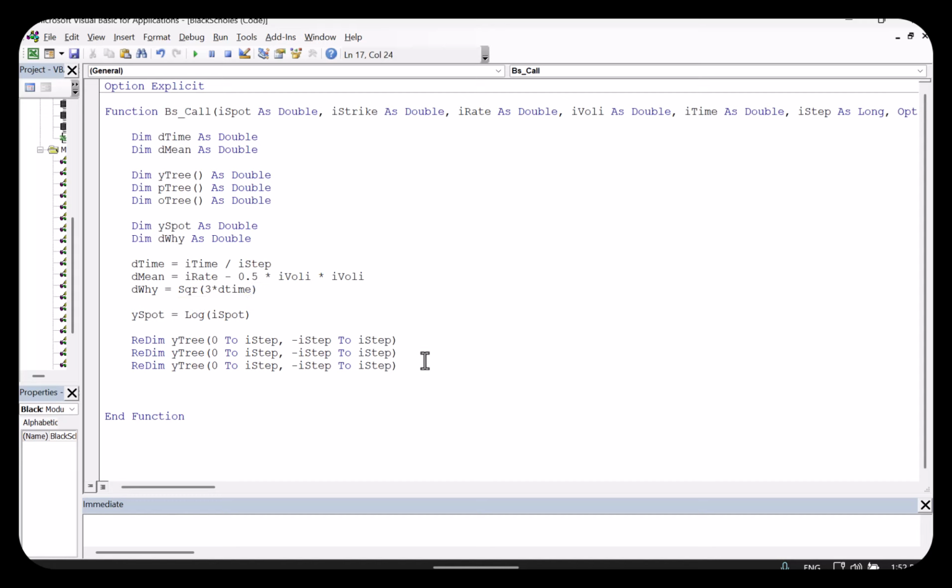Another peculiar thing, if you want to calculate square root in the worksheet, you use the function sqrt. In VBA, it's sqr. It's Microsoft for you. So this basically calculates square root of that.